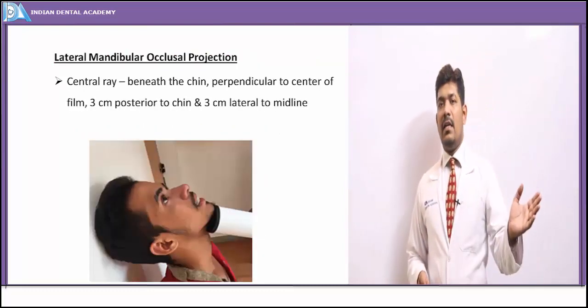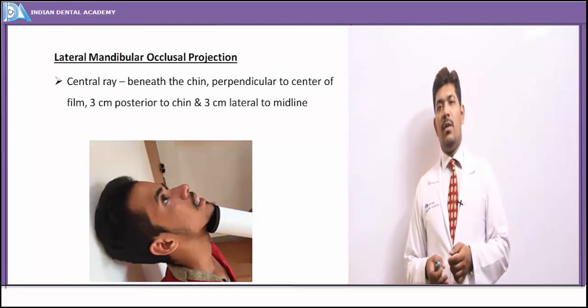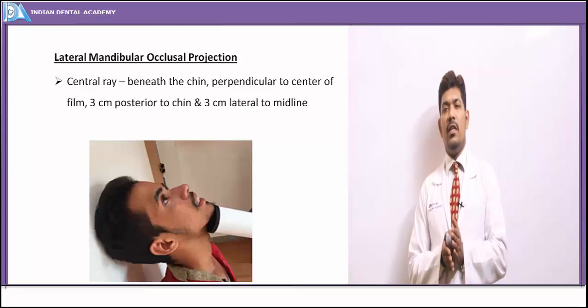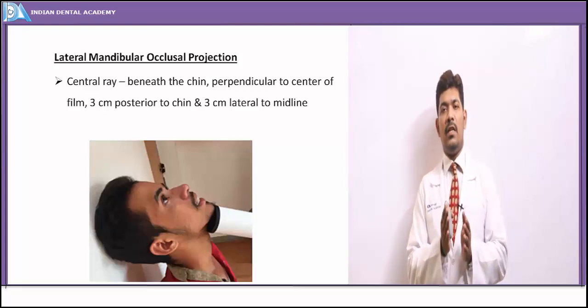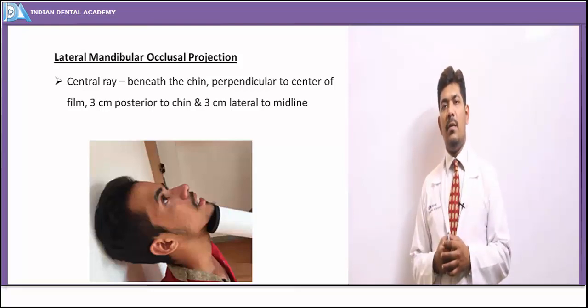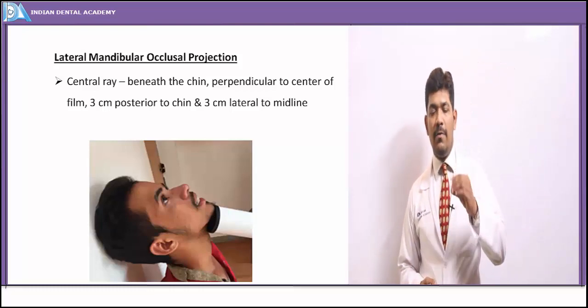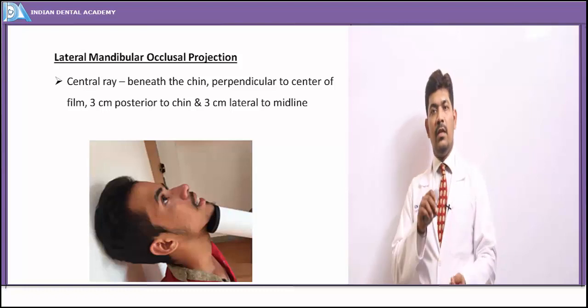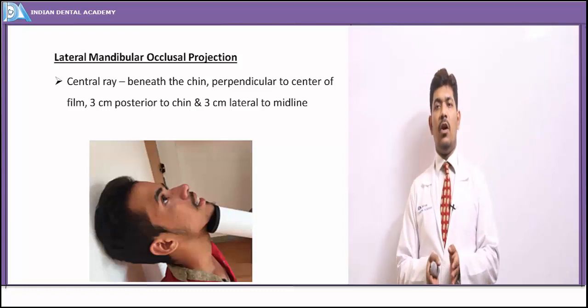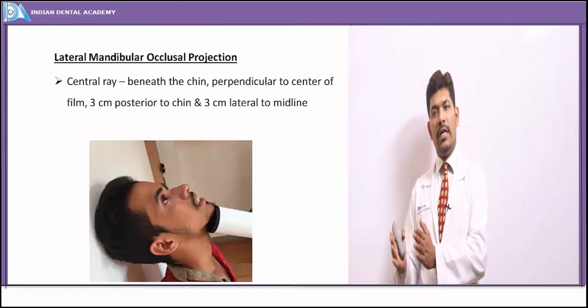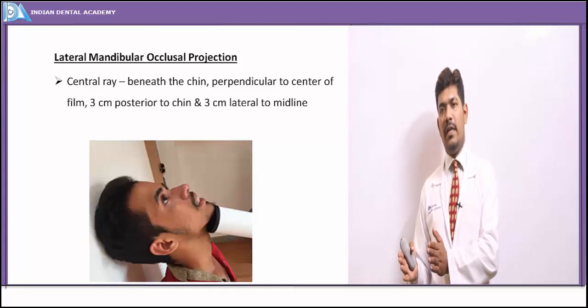Now similar to the lateral maxillary occlusal, we have a lateral mandibular occlusal projection, wherein we have to take into consideration either only the right side or the left side of the lateral halves of the mandibular arch. Now the patient film positioning is slightly different. The long axis of the film is now parallel to the sagittal plane, pushed inside and moved to one side of the specific area of interest.